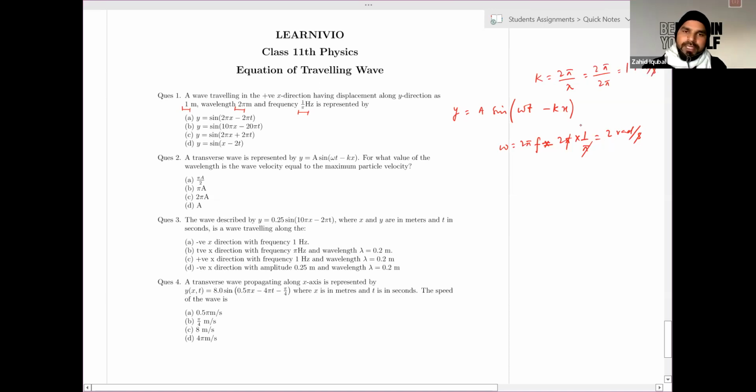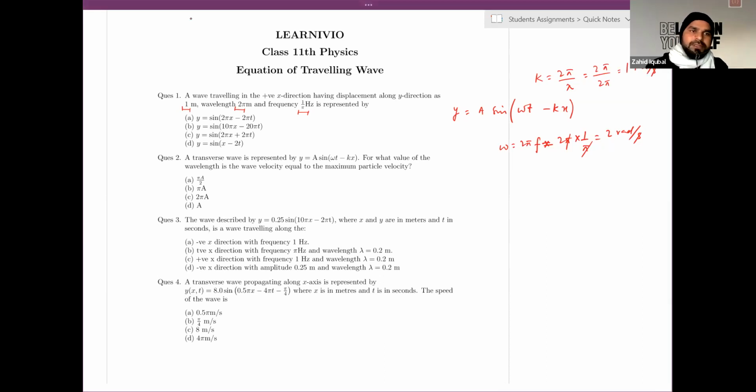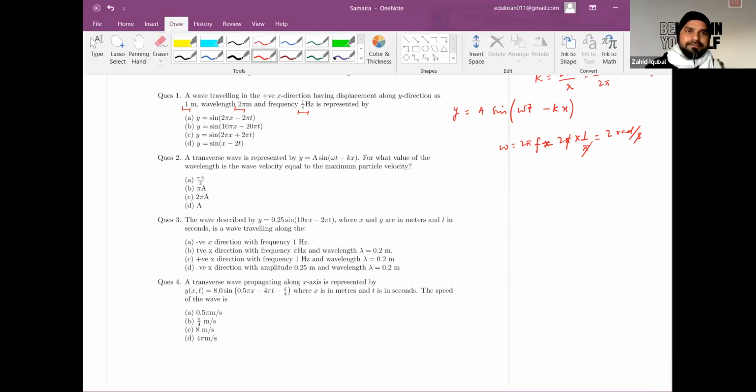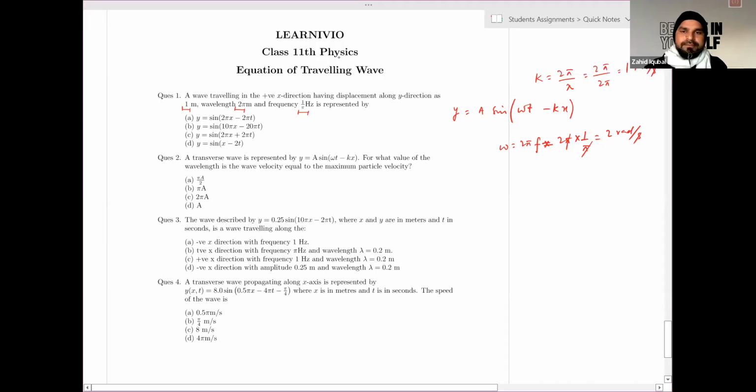Now substitute these values. Which answer do you get on substituting? You may write kx first and omega t after it. So option D. Good.